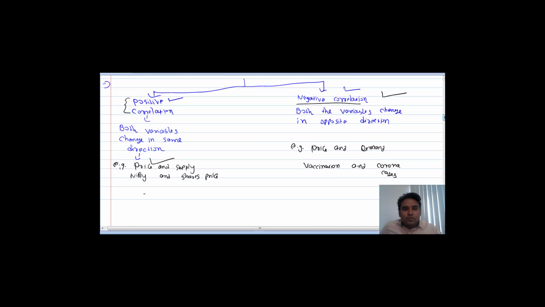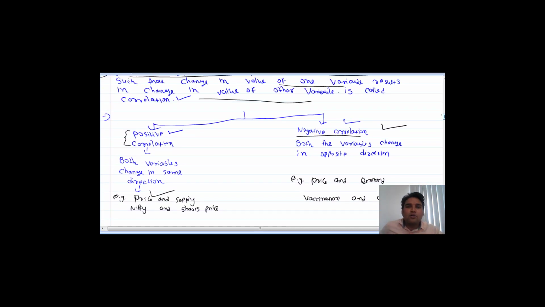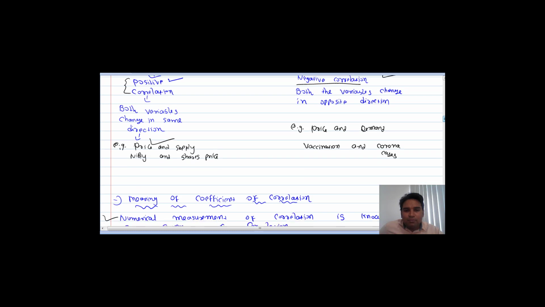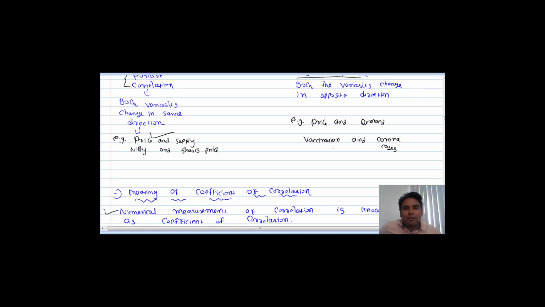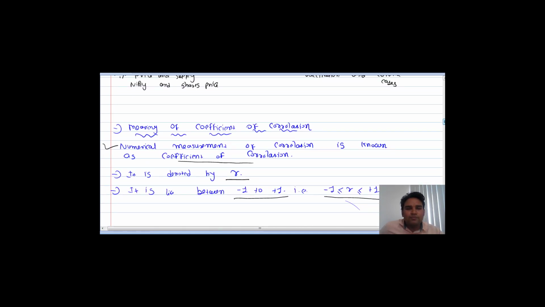So you can note down these two points in your notebook, the positive correlation and negative correlation. And you can see I gave the examples: price and supply, Nifty and share price, demand, vaccination and the corona cases. Now you can take the screenshot or note it down in your notebook, right?